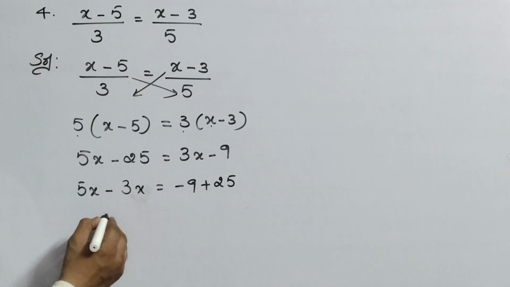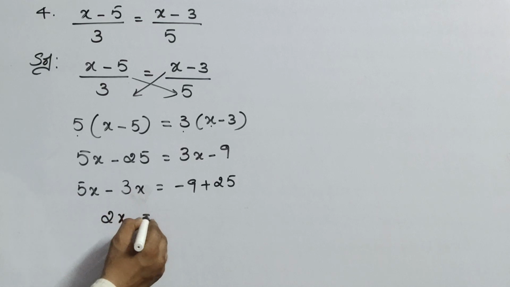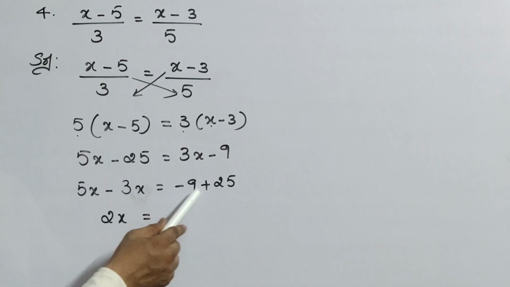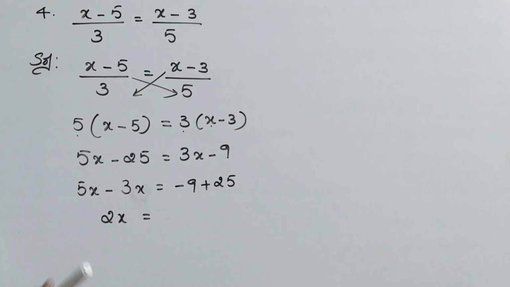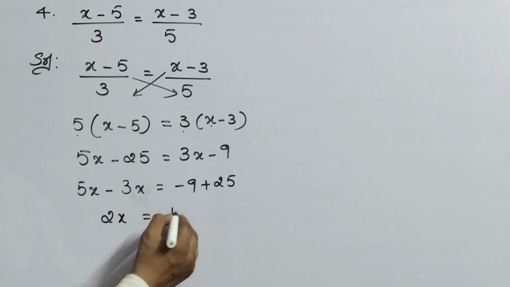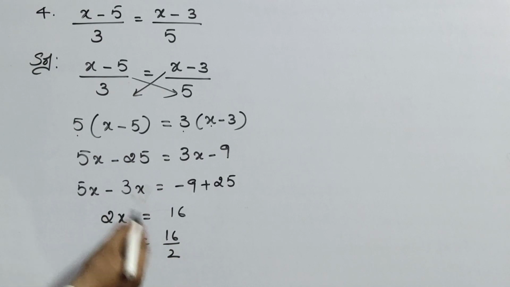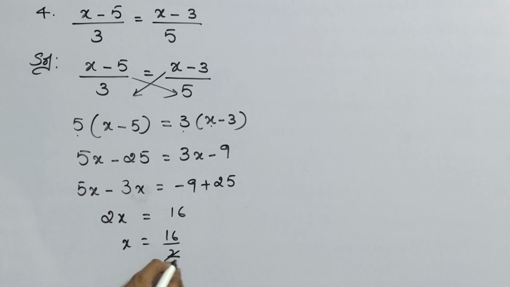So 5 minus 3 is 2x equals minus 9 plus 25. So one is positive, one is negative, you have to do subtraction. So 25 minus 9 is 16. So x equals 16 by 2, because it is multiplication, it will come as a division. 2 1s are 2, 2 8s are 16. So x equals 8.